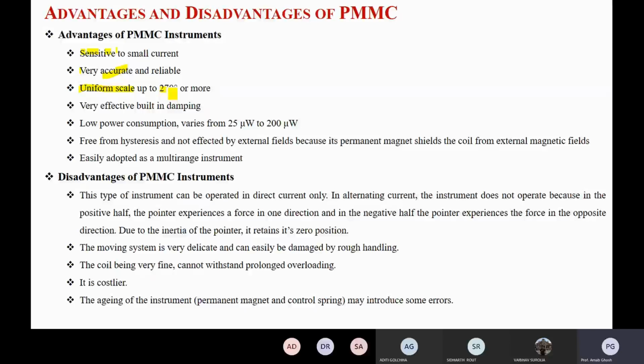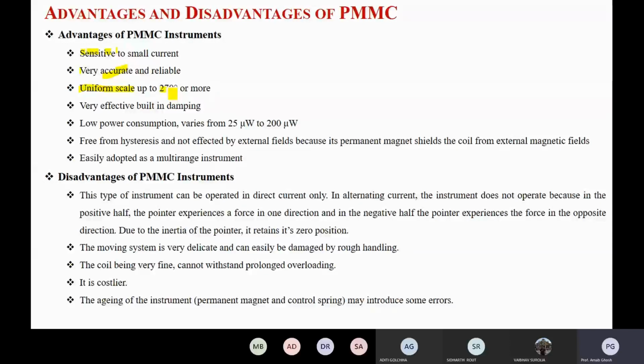You can see that the deflection angle theta is directly proportional to the electrical quantity, meaning voltage or current. So any displacement of current or voltage, you can directly measure from the amount of deflection made by the pointer.